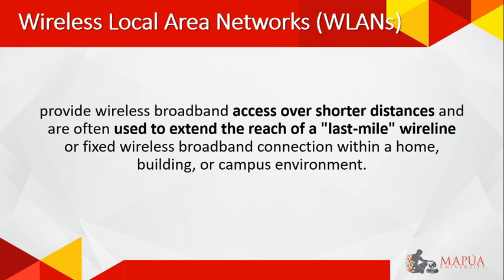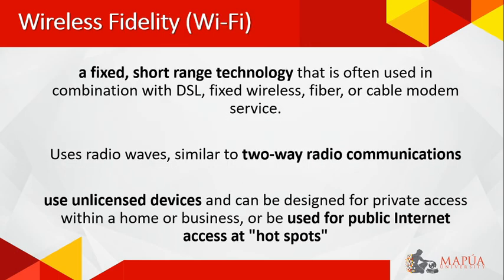The next type of wireless broadband technology is the wireless local area network, which provides wireless broadband access over a shorter distance and is often used to extend the reach of a last mile wireline or fixed wireless broadband connection within a home, building, or campus environment. The next type is wireless fidelity, or Wi-Fi.